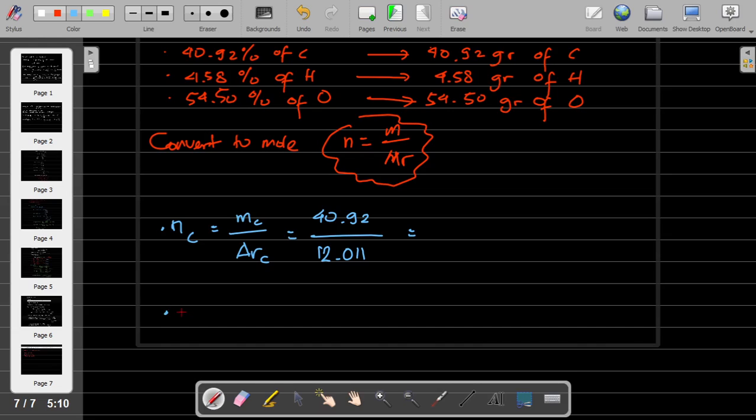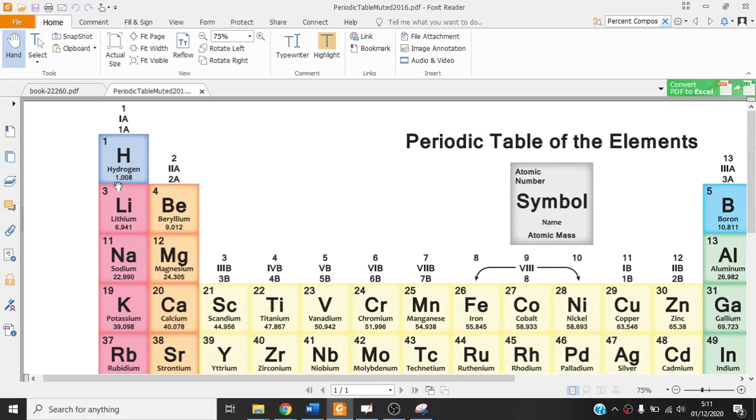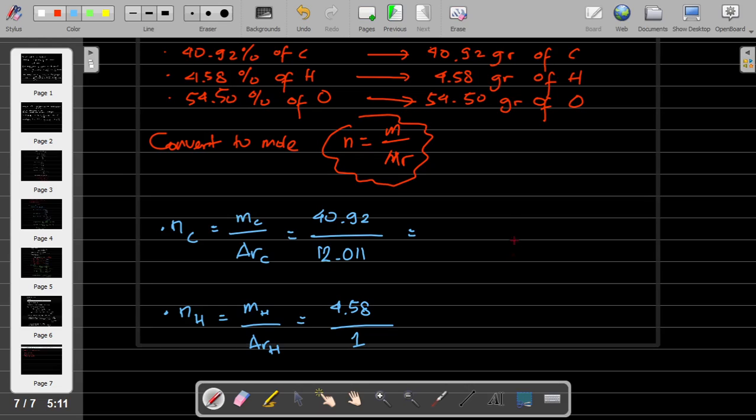And then the second one, mole of hydrogen. The mass of hydrogen is 4.58, divided by 1.008.